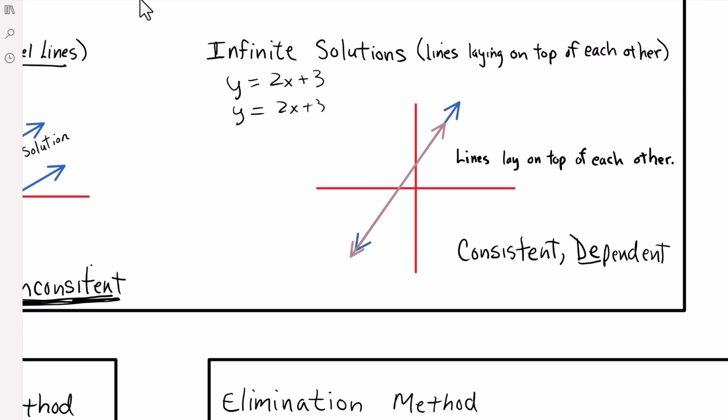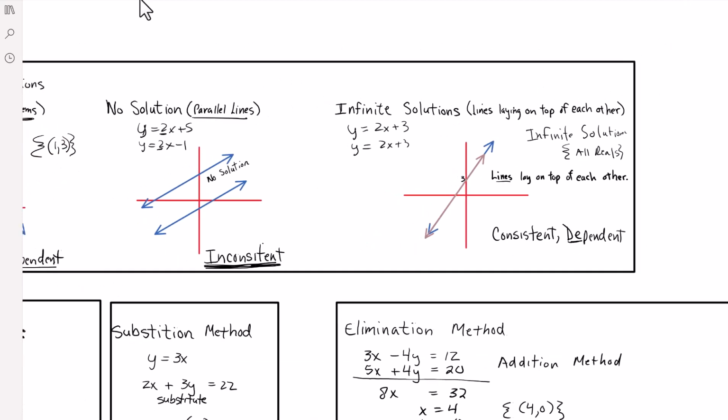They end up sitting right on top of each other. Lines that lay on top of each other have infinite solutions, sometimes also referred to as all reals. And this system is called consistent and dependent.